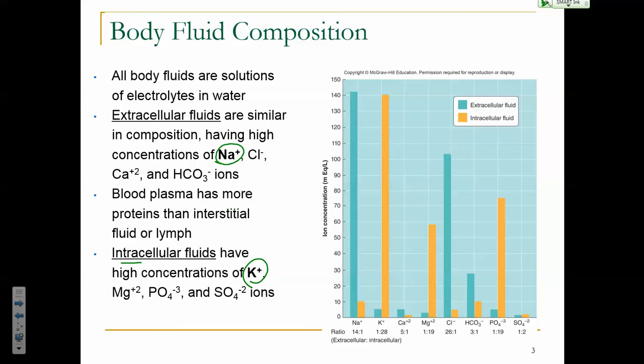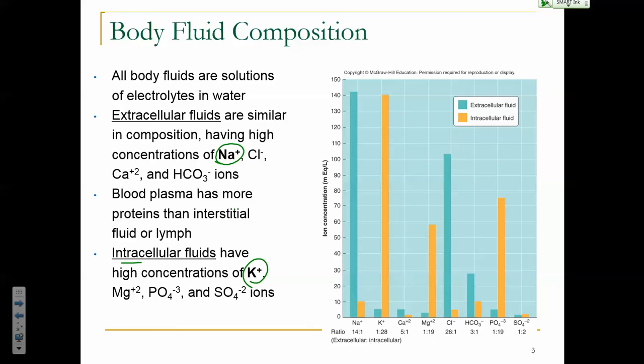Okay. And then blood plasma is unique compared to all your other body fluids because it has more proteins. Okay. And we've learned that. Proteins stay there because they're too big to cross, right? Then this graph is interesting. They're showing a lot of these ions that are listed in the notes.